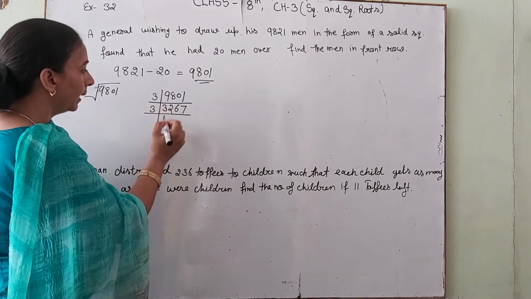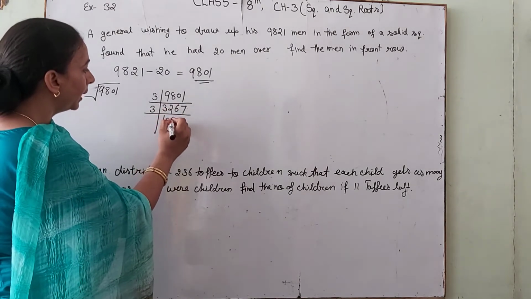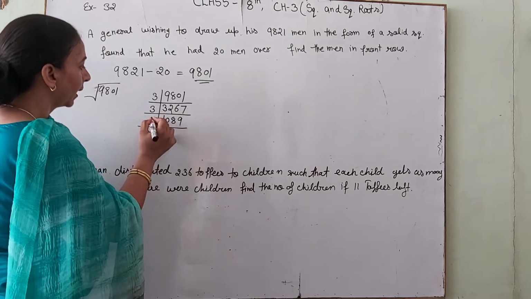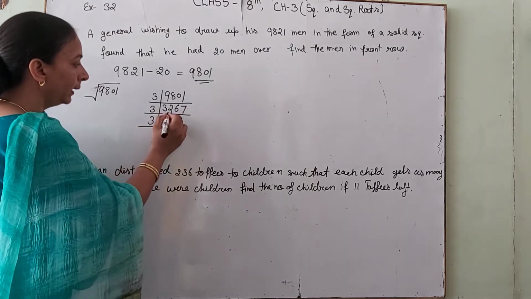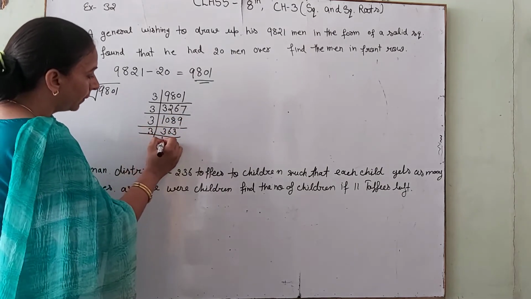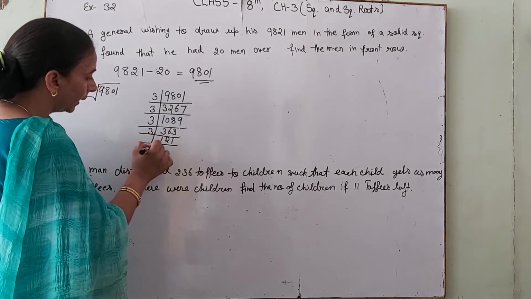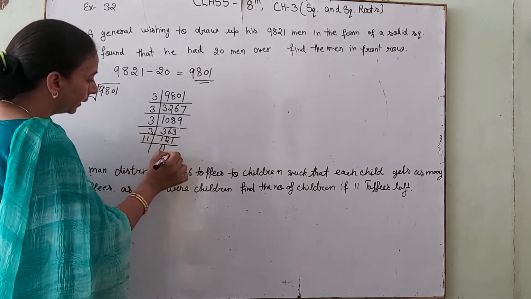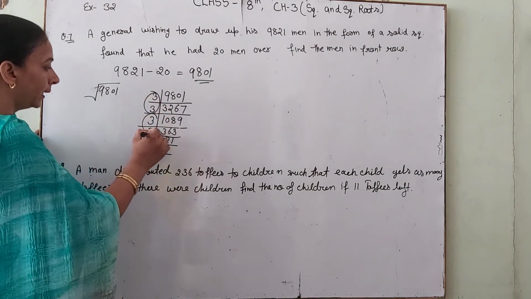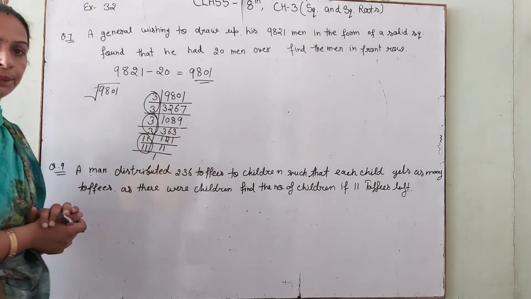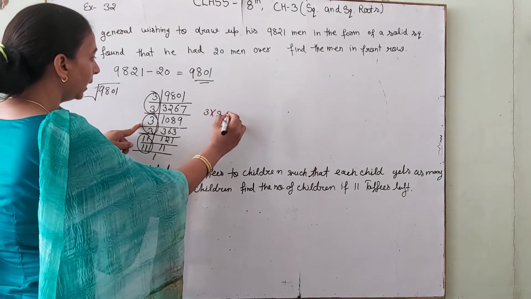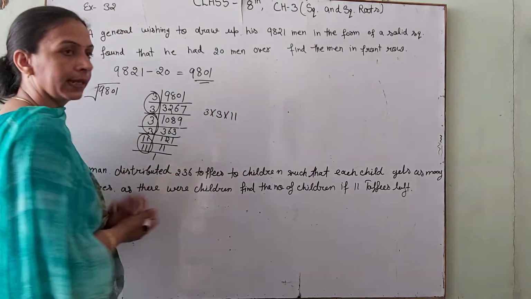Then 3 1s, 3 8s are 24, then 3 9s are 27. 3 3s are 9, and again divided by 11. Then we make pairs; this is complete, and this is incomplete. So first is 3, then next 3, and then next 11.